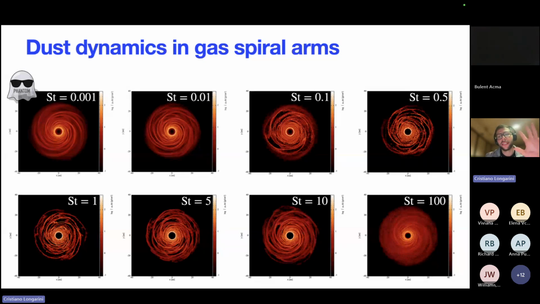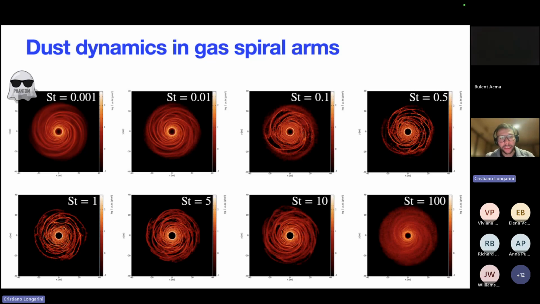So I take a simulation, and I impose that all dust grains in the simulation have the same Stokes number, so that I can really study how the concentration of dust grains in spiral arms and how the relative motions between dust grains depend on the Stokes number. In particular, I'm running simulations with Stokes number from 10^-3 to 100.